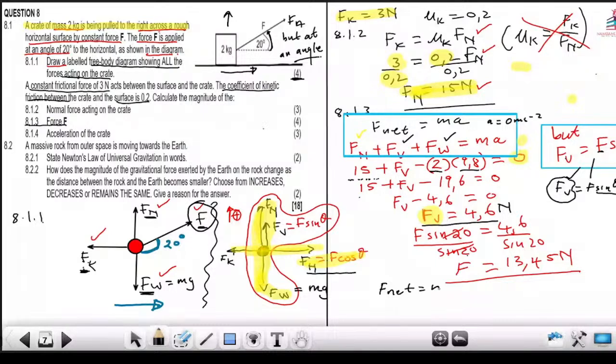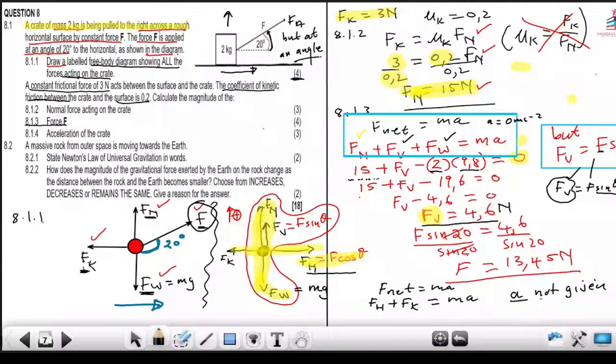But you see where the challenge is. Acceleration is not given. So already this will not assist, only because acceleration is not given.